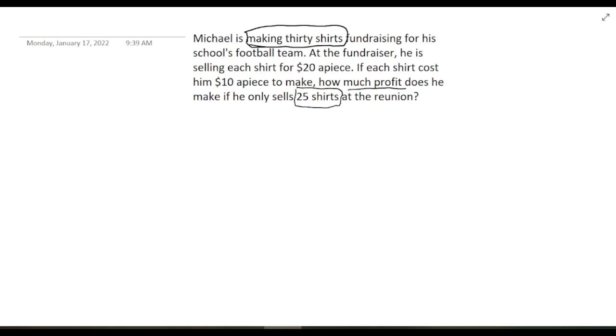So first, let's figure out how much it's going to cost him to make 30 shirts. He's making 30 shirts at $10 a piece, 30 times 10 equals 300. So we know 300 is equal to the cost of production.